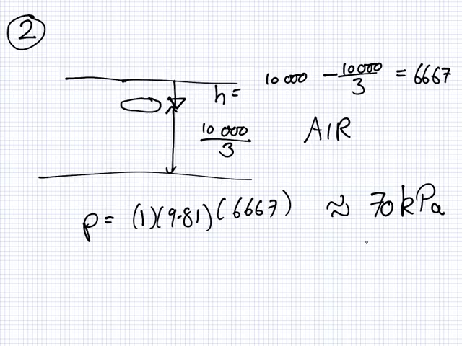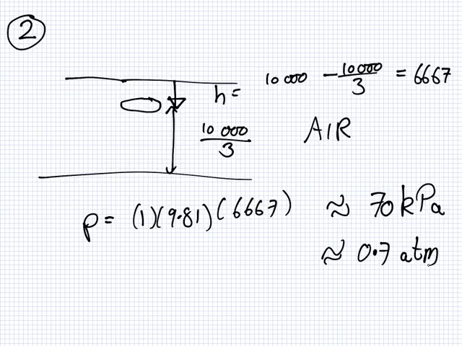What is it on ground level? 101.35. So it's about 0.7 atmospheres, roughly. So it means when you're in the plane, you are at a pressure of 0.7 of an atmosphere, a lower pressure than what you would be at on ground level. So this is why when the doors open mid-flight, people fly out.